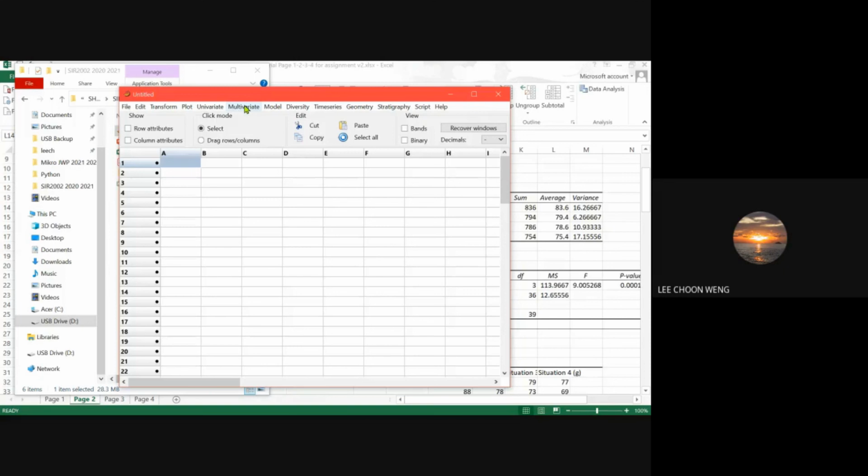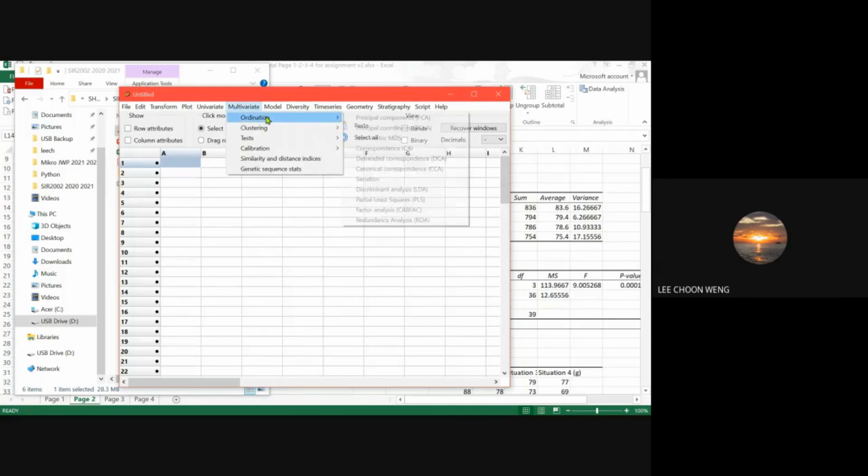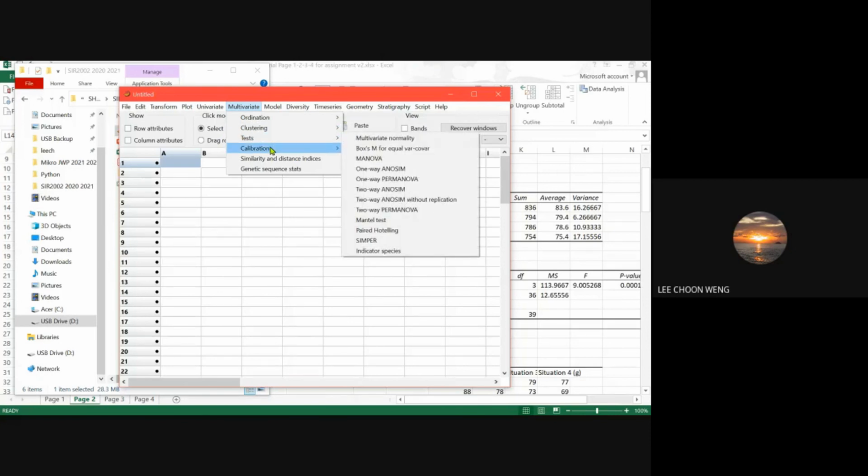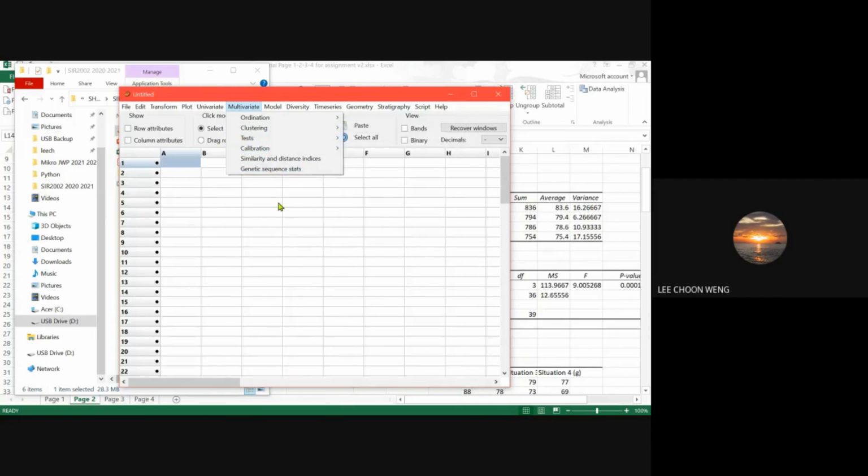When you are doing research, maybe in the future you need to do multivariate analysis, and it's good enough. It has a lot of tests that you can do.